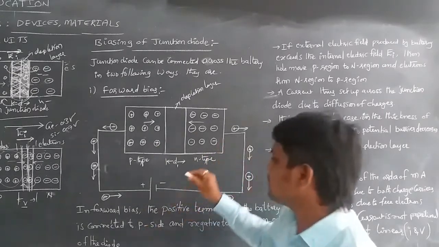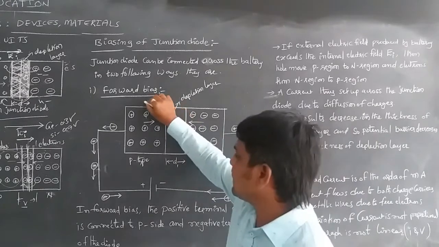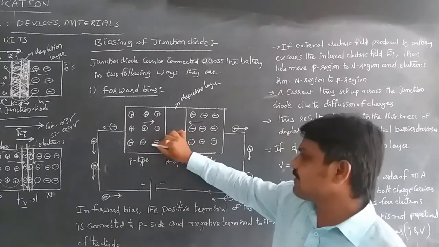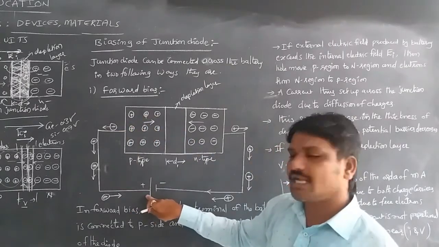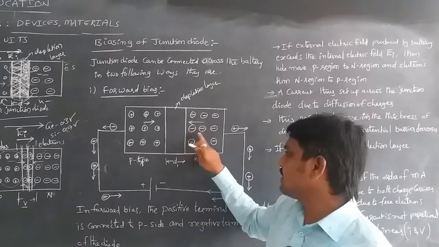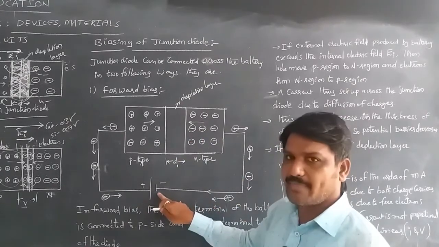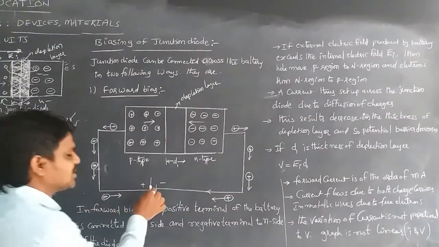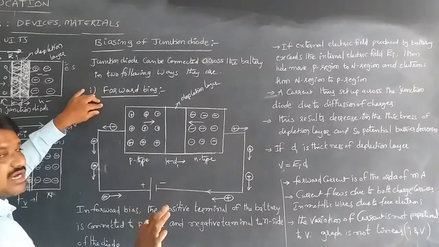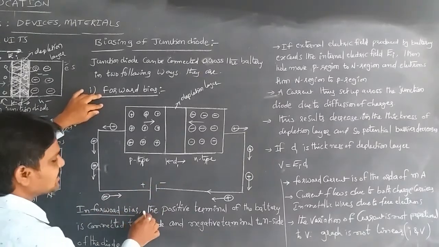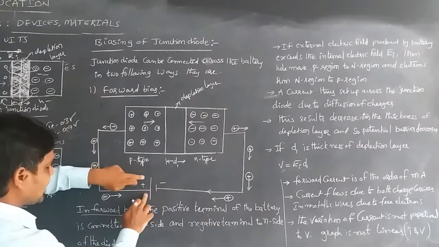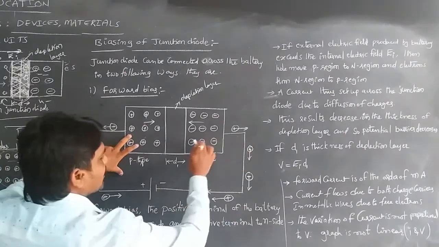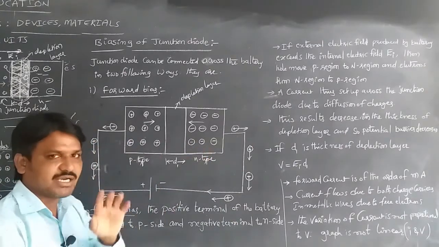In this PN junction diode, this is the P type material and this is the N type material. So the P type is connected to the positive terminal and the N type to the negative terminal. This is called forward biased: the positive terminal of the battery is connected to the P side and the negative terminal to the N side of the PN junction diode.